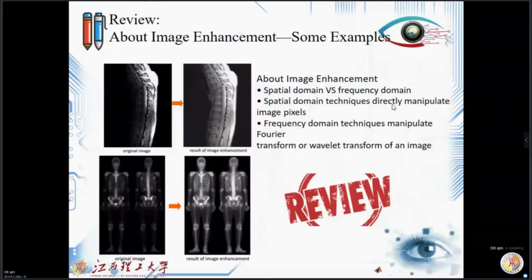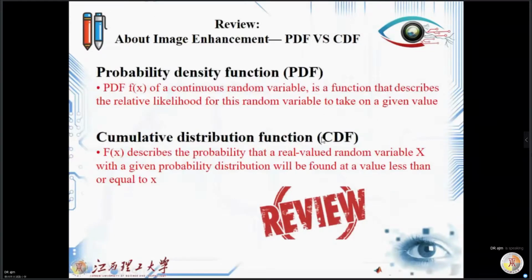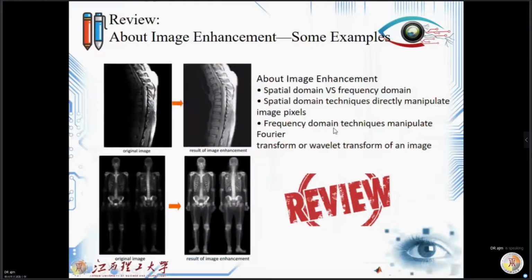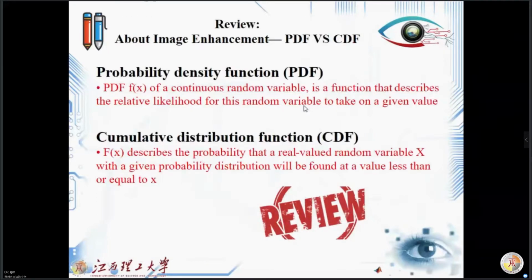Spatial domain techniques directly manipulate the image pixels, and frequency domain techniques manipulate the Fourier transform or wavelet transform of the image. Besides, we have two definitions.